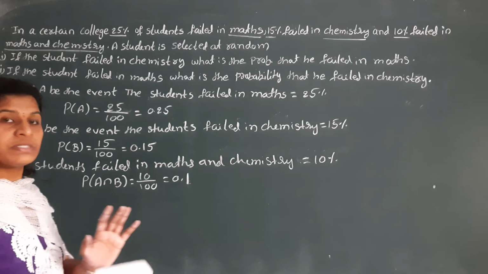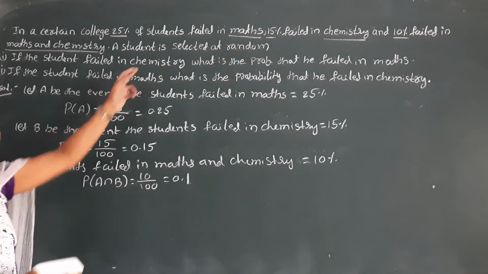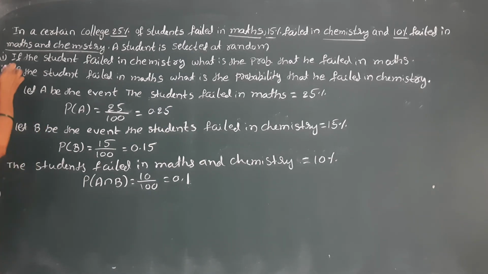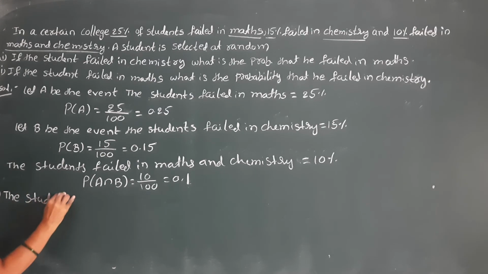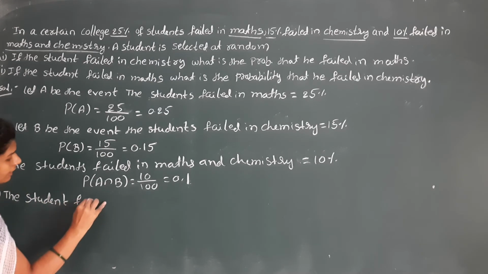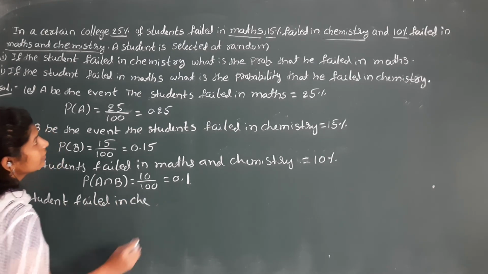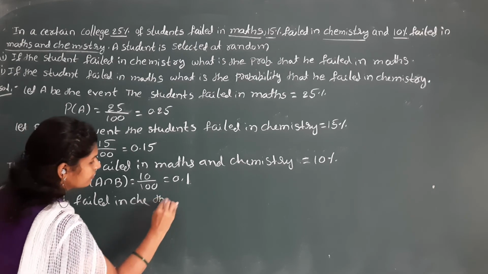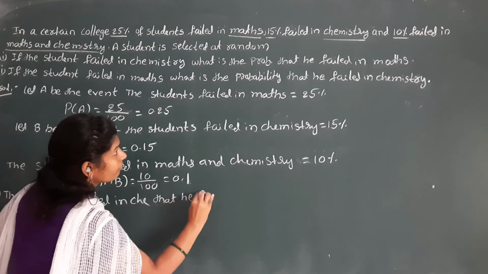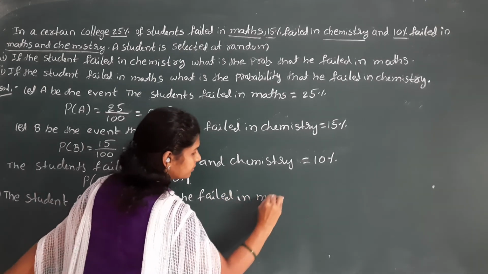So which one is the subset? A depends on B. So as it is, I am writing: the student is selected, the student failed in chemistry, that he failed in maths.